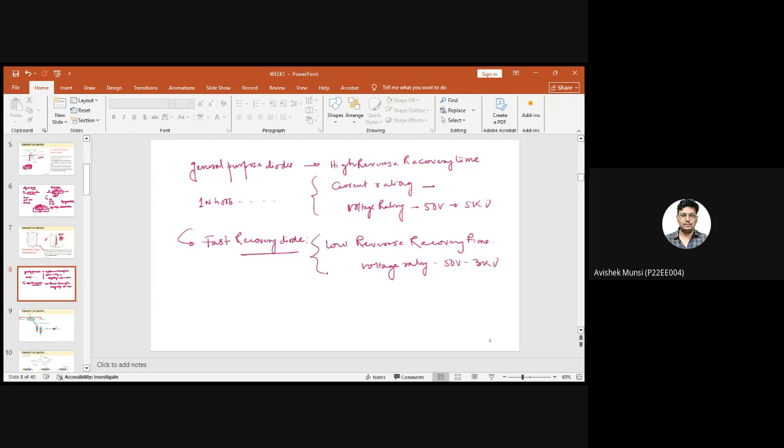So this kind of diode we generally use in making rectifier circuits. Another category which we generally use in DC-DC converters, in buck converter, in boost converter, is a diode with a very fast recovery time, that is very popular, known as the Schottky diode.